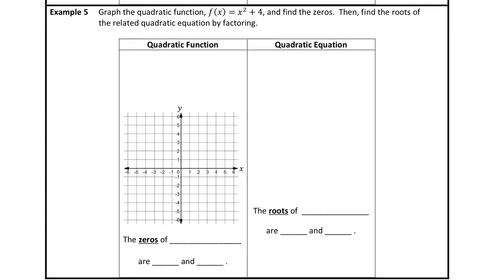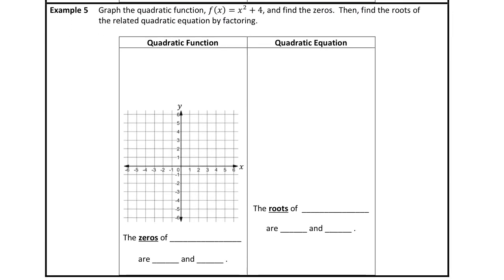Example 5. And so the function here is x squared plus 4. Alright, so this is an easy transformation. The plus 4 is outside, so we're just going to go up 4. So if these blue points are my parent function, then I'm going to move all these points up 1, 2, 3, 4.